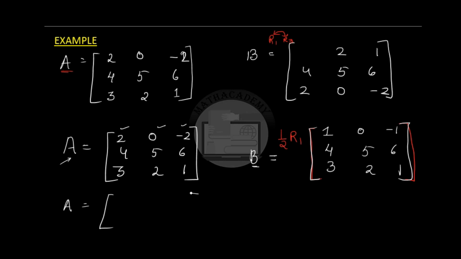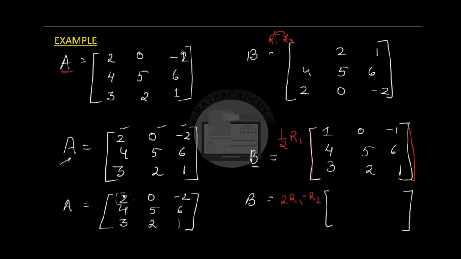The third operation which we can perform is we can multiply a row by a constant and add it to or subtract it from another row. I can perform an operation which is 2R1 minus R2. So when I multiply 2 by 2, I get a 4, and 4 minus 4 gives me a 0. Here I get a negative 5, and here I get a minus 10.